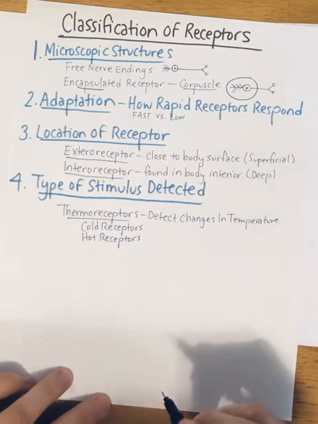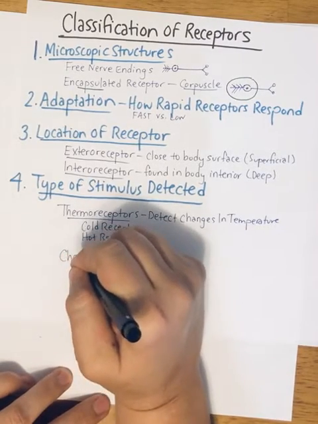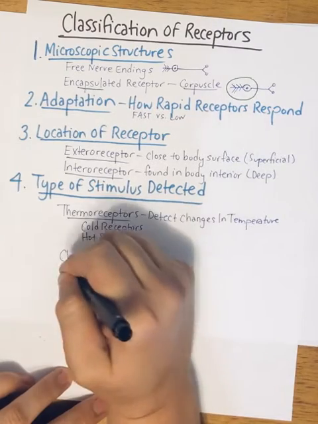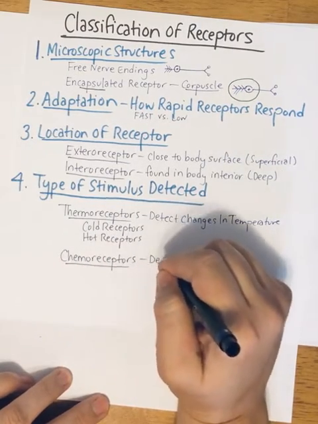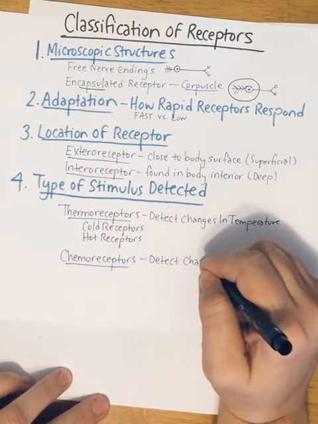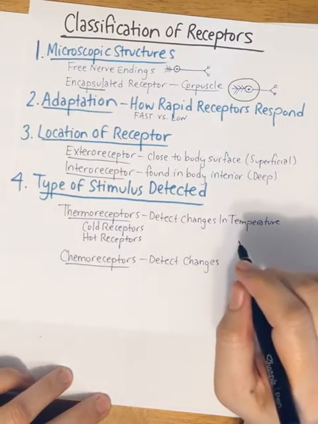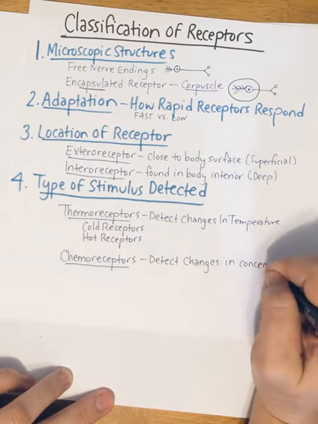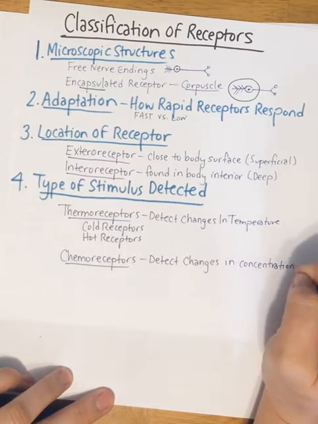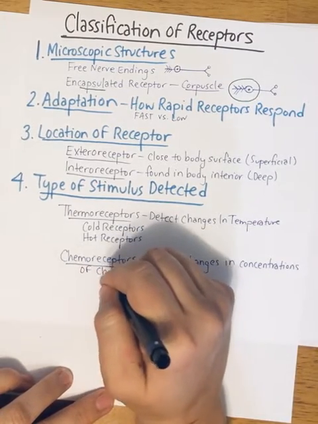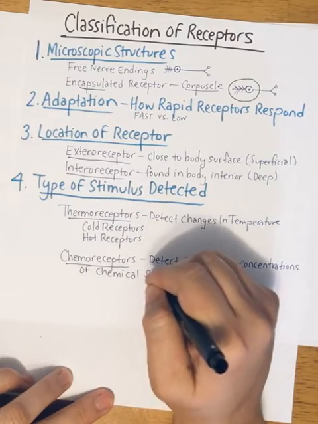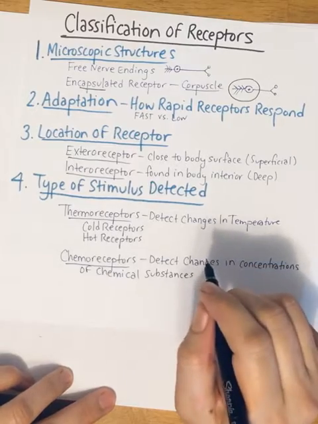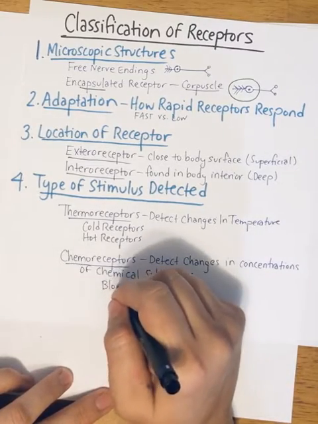All right, the next one I want to talk about is called chemoreceptors. These are going to detect changes in concentrations of chemical substances. I have two examples here. The first one would be blood concentrations.